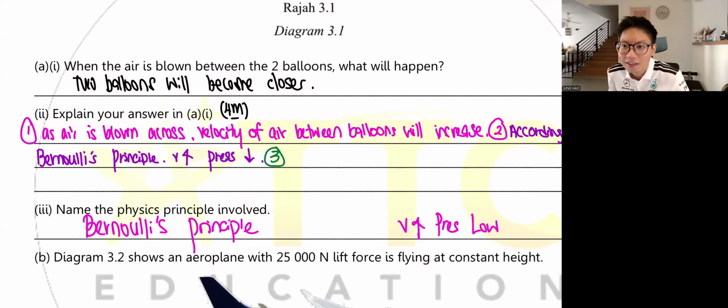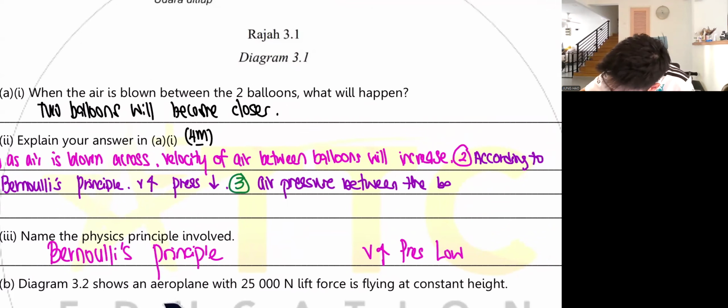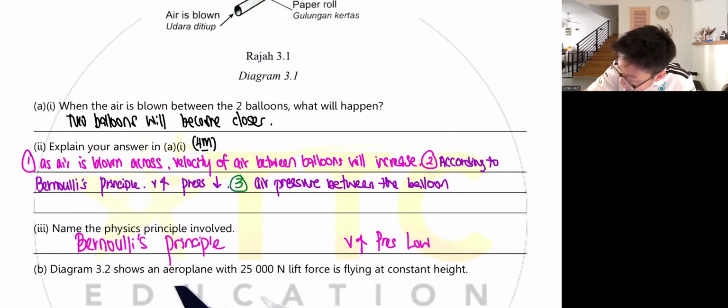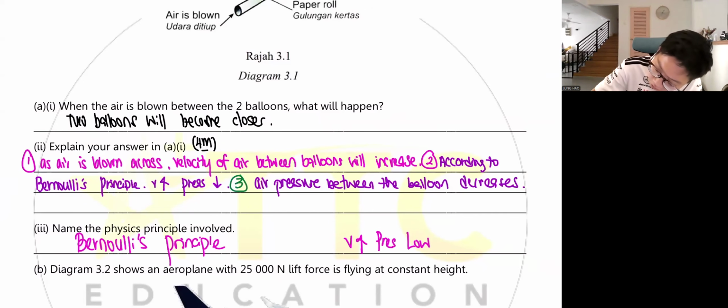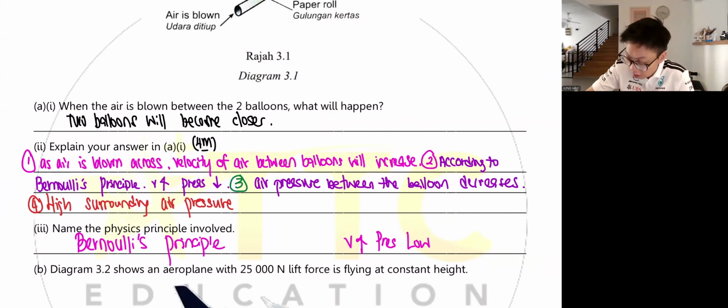Okay, number 3, so therefore the air pressure between the balloons decreases. Then number 4, you can say that the high surrounding air pressure, because now just the between becomes low, pushes the balloons together.